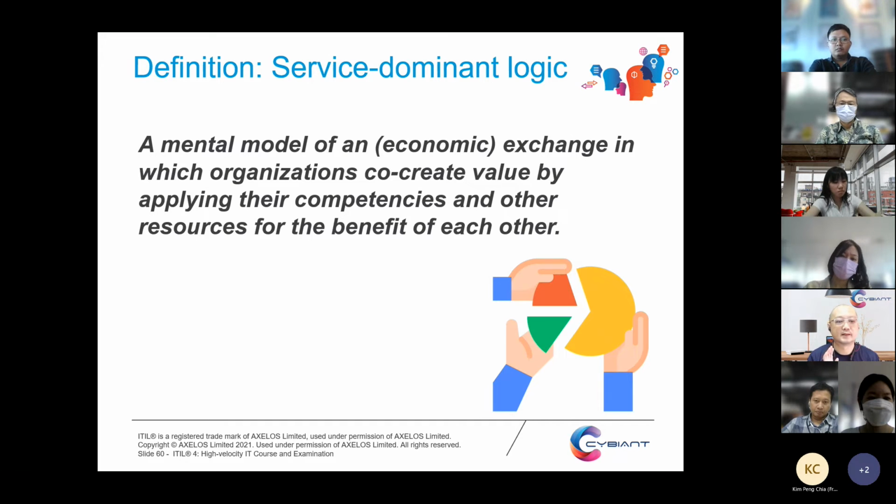Right. What is a service dominant logic? Okay, so it says that it's the economic exchange co-created with organizations and the competency for the benefit of each other. That means you partner and co-create.